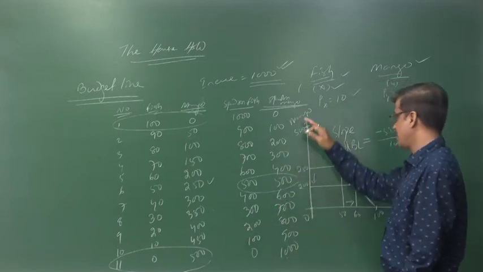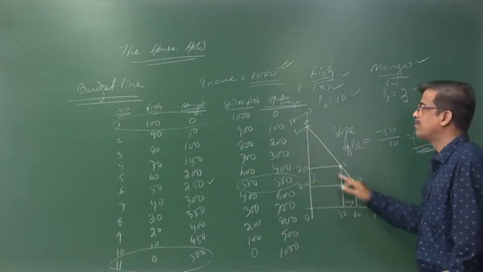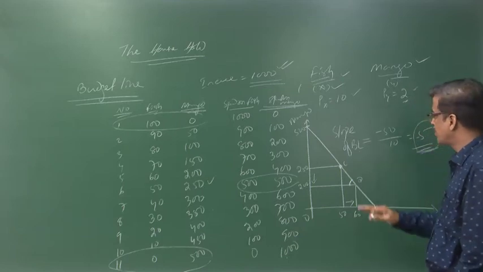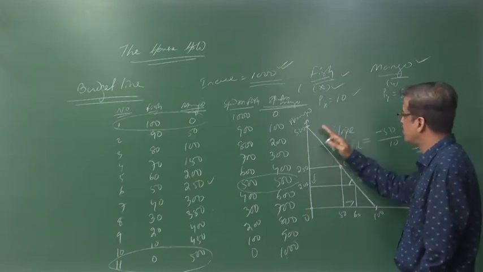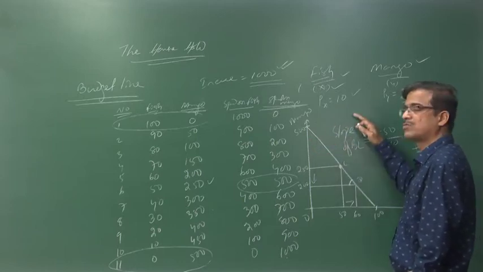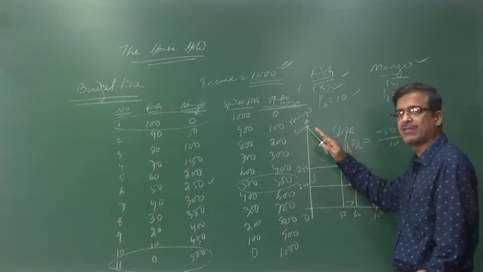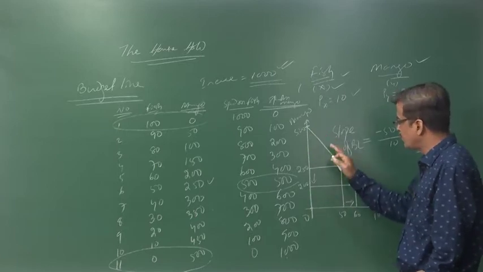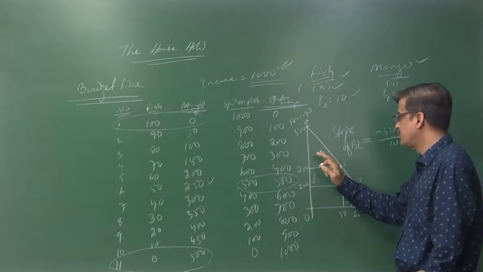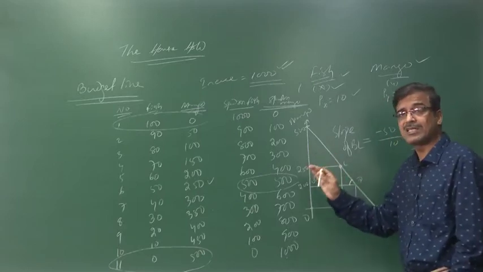By joining all these points, we find a line that is called the budget line or the price line or budget constraint. The consumer can never consume beyond this line, because 1000 rupees is the limit. If he consumes inside this triangle, that tells us he will spend less than his complete income.